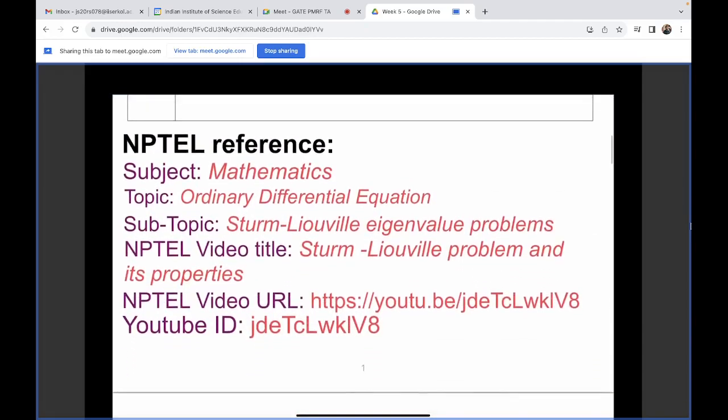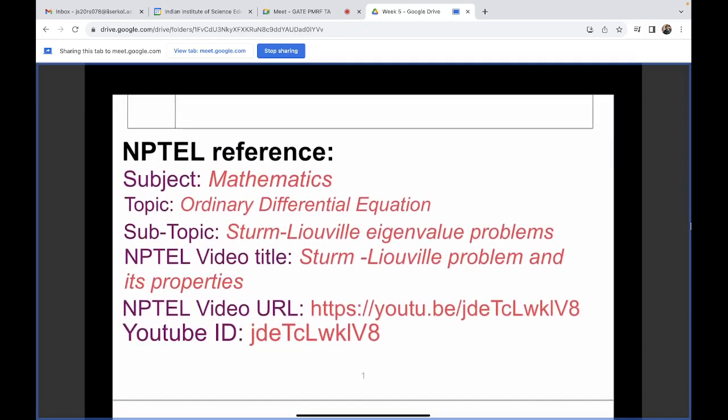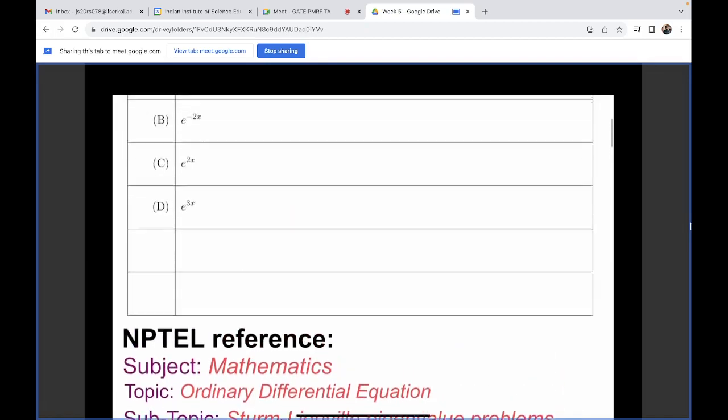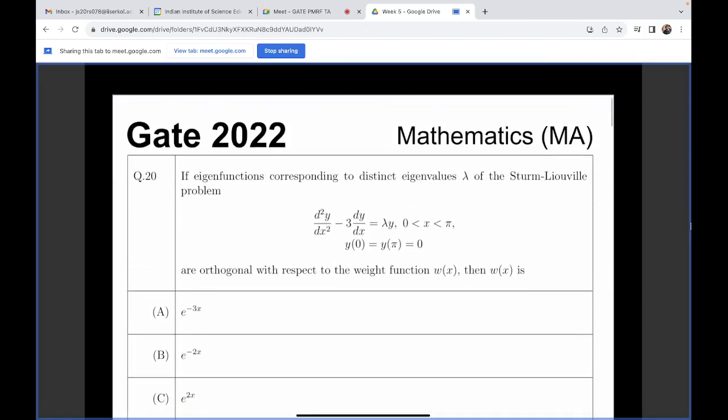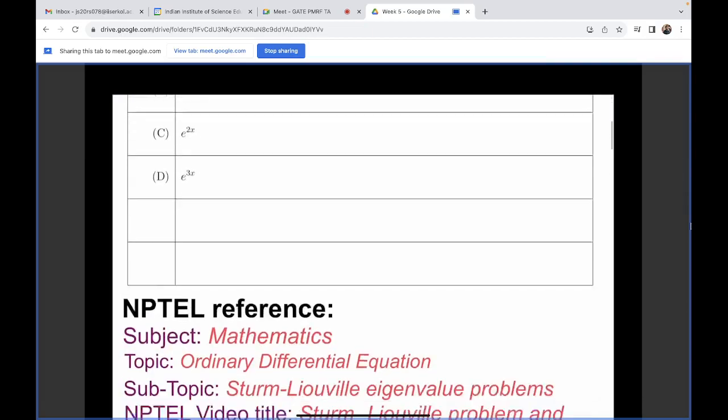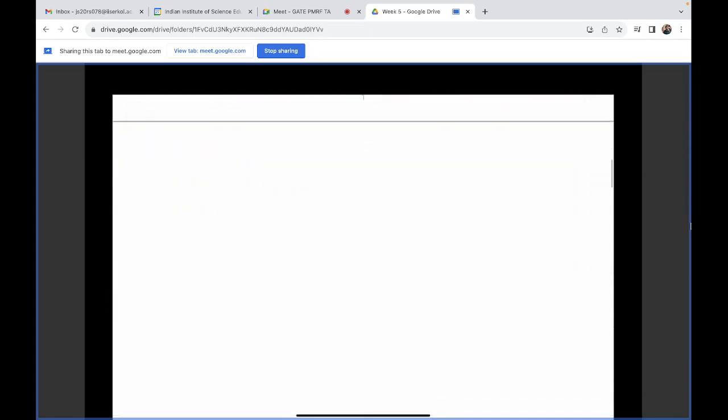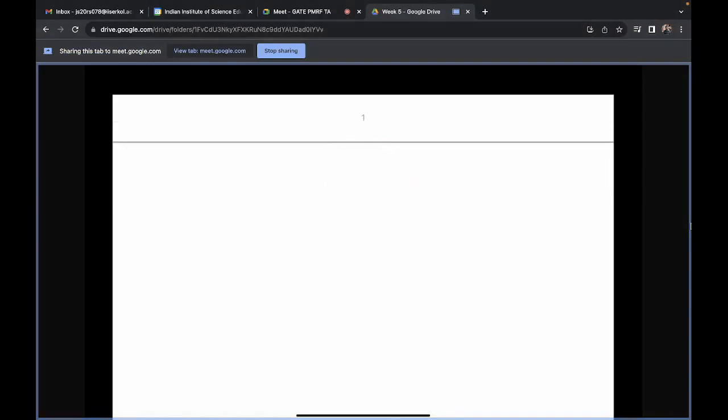Okay, so in order to solve this, this is the NPTEL reference. You can look into it. Let's solve this problem then. So what Sturm-Liouville problem is given.